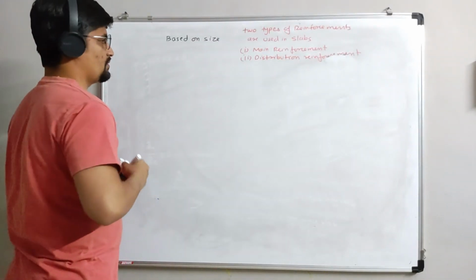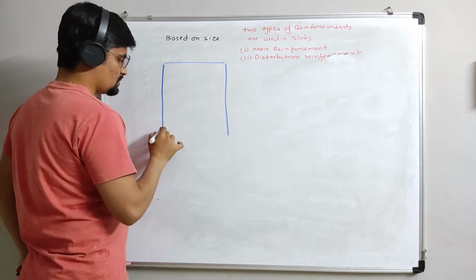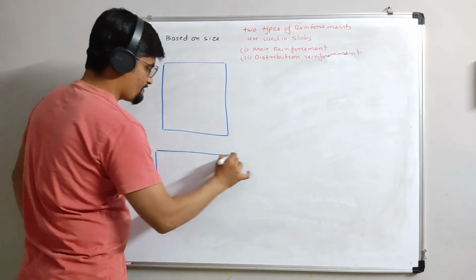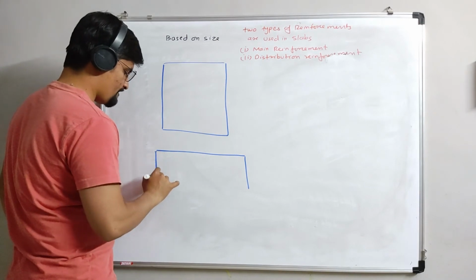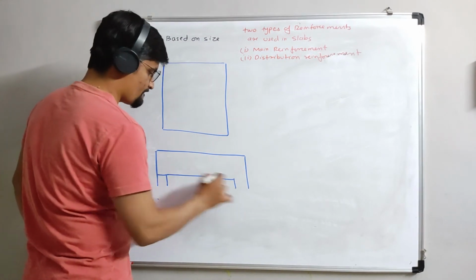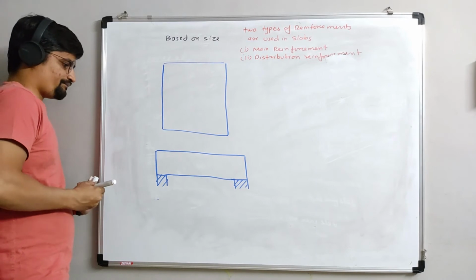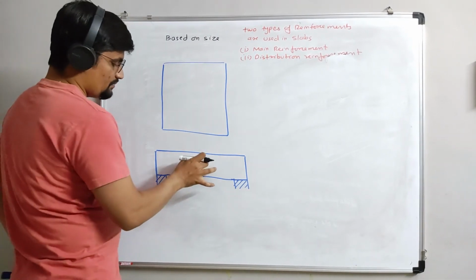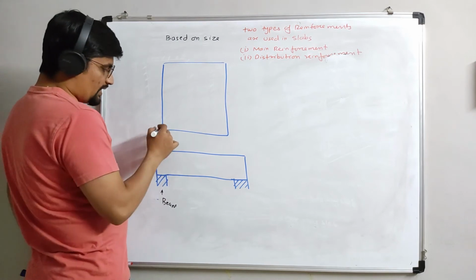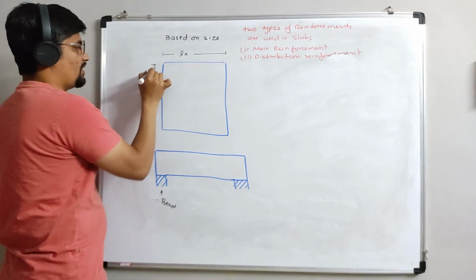With a section. If this is my one-way slab, and I take a section, this one is the slab, supported on the beam. So in the one-way slab, Lx is the shorter direction and Ly is the longer direction.